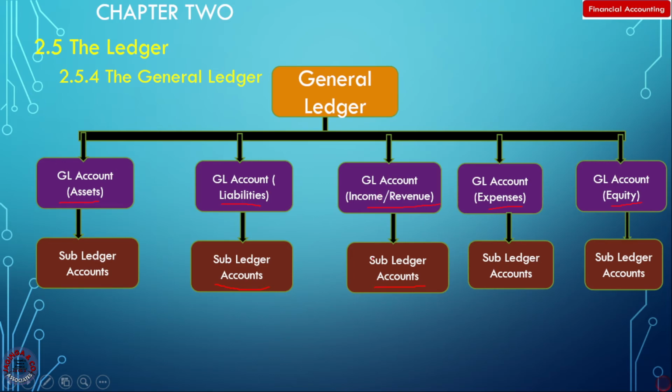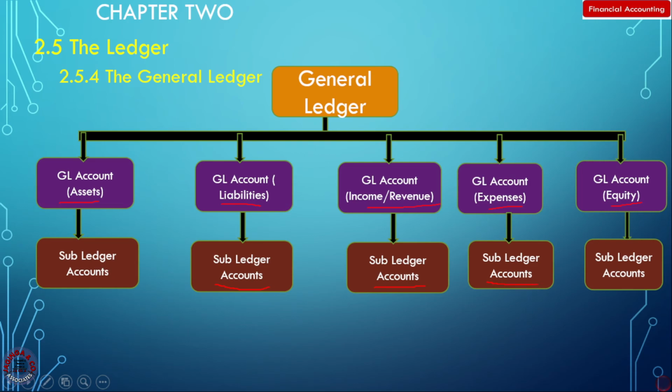When we go to revenue, we can have the sale of goods, and we can also have the sale of services. When you provide a service, you can sell it, and we call those services because they are not goods. When we go to the expenses account, we'll have various sub-ledgers for expenses: fixed expenses and variable expenses, and also operational expenses and non-operational expenses.